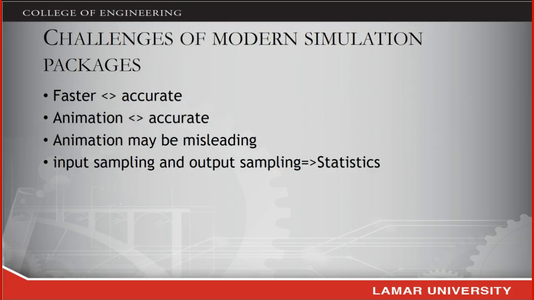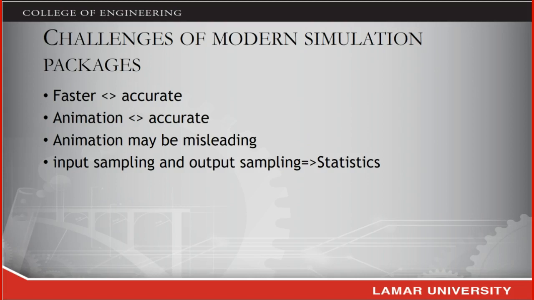While the animations and the representation of graphical visual worlds are important, we should not lose sight of our goal. The fact that we can create animations or models that are faster to create does not necessarily mean that they are more accurate.